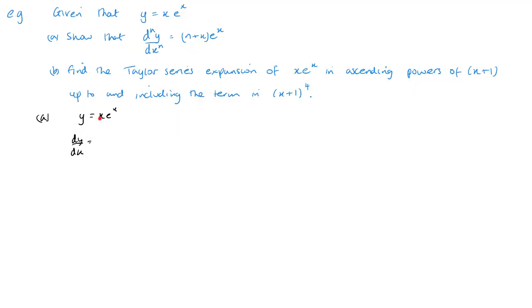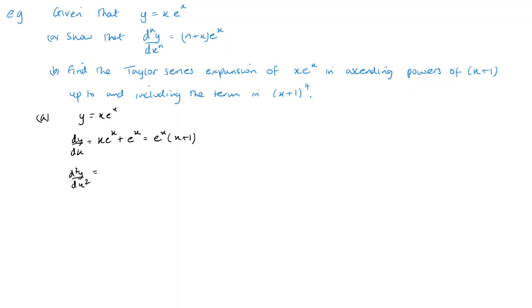It's going to be this times this differentiated, x e to the x, plus this times this differentiated, e to the x. And that will be e to the x, if I factorise it out, and x plus 1 inside my bracket. Now let's differentiate a second time.